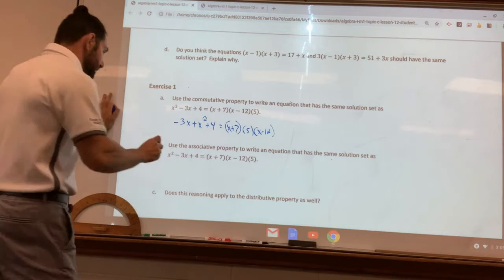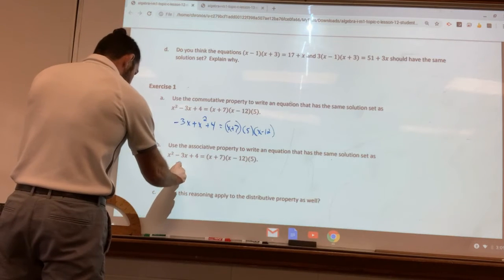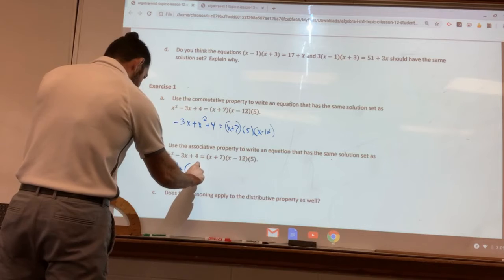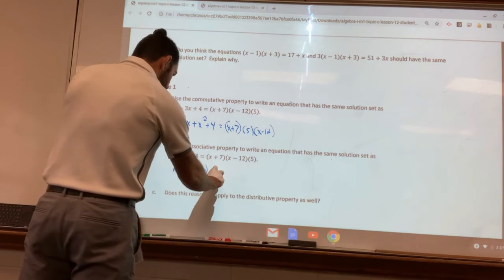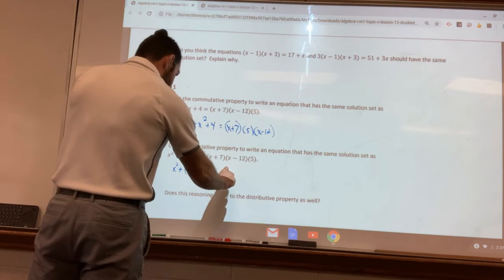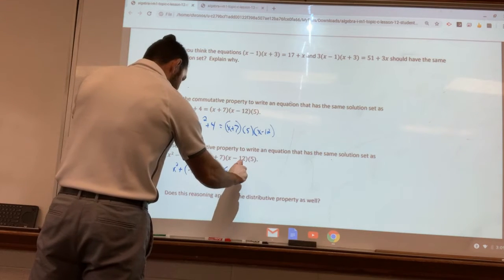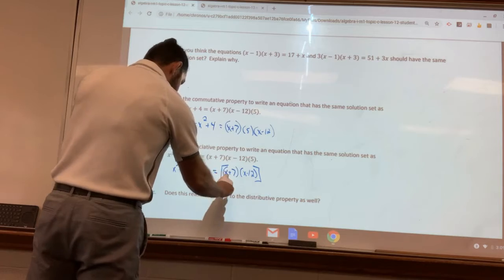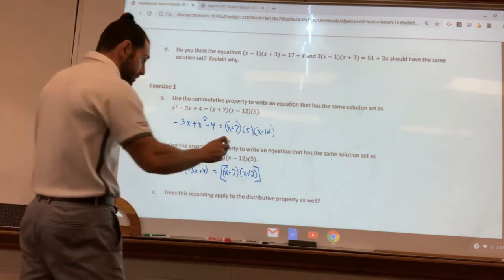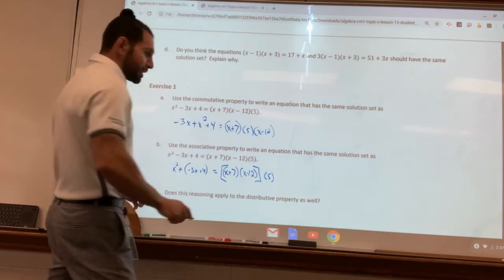So I'm going to say x squared plus negative 3x plus 4. All I did was group those, and here I'm going to say x plus 7, x minus 12, and I'm putting those in brackets because the brackets show that's the grouping multiplied by 5. So I'm doing that first.